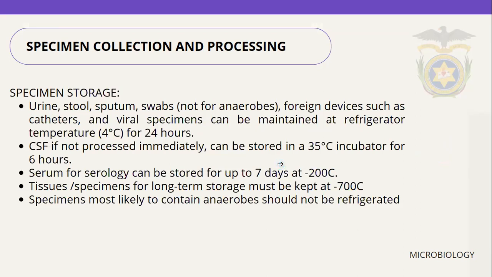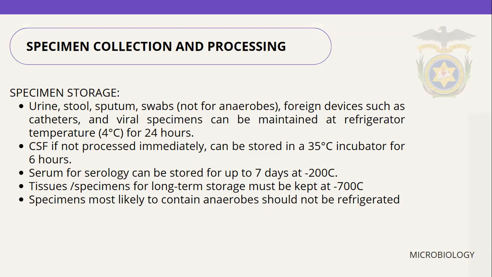Let's proceed now to specimen storage. Urine, stool, sputum, swabs not for anaerobes, foreign devices such as catheters, and viral specimens can be maintained at refrigerator temperature at 4 degrees Celsius for 24 hours. Remember that CSF, if not processed immediately, can be stored in a 35 degrees Celsius incubator for 6 hours.